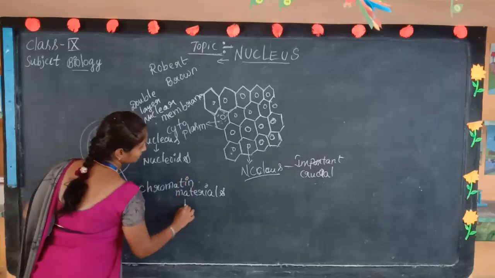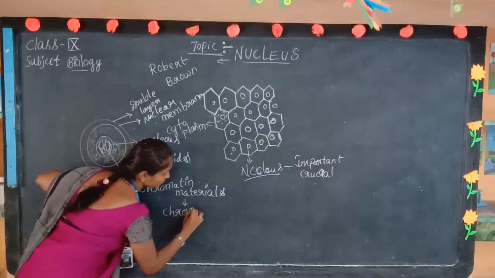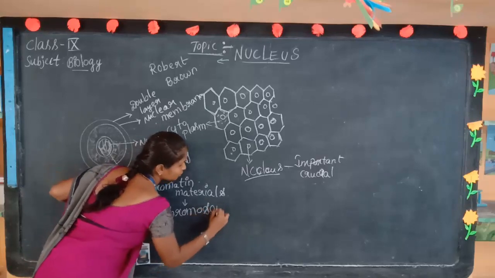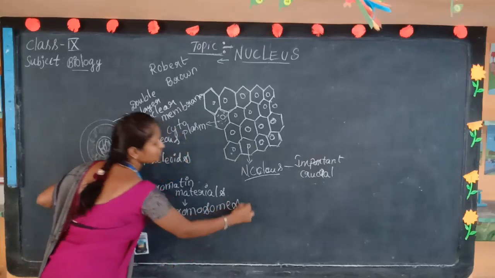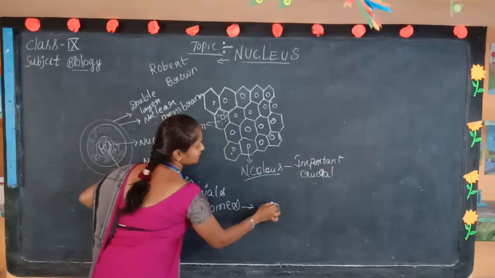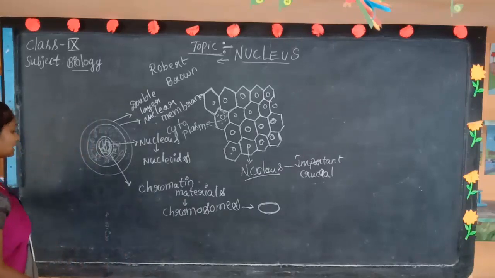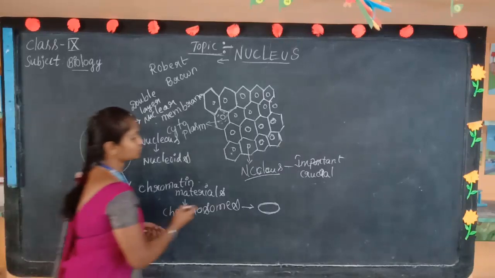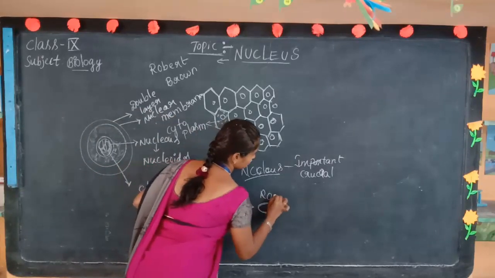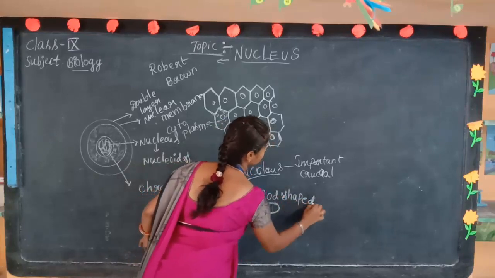These chromatin materials have chromosomes. What do they have? Chromosomes. These chromosome structures are rod-like, rod-shaped structures.